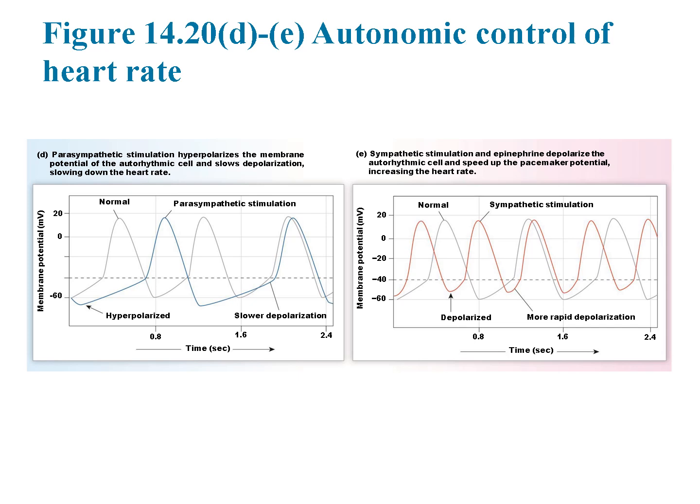In contrast, the graph on the right illustrates the effects of sympathetic stimulation. Here, epinephrine and norepinephrine act on beta-1 adrenergic receptors, increasing sodium and calcium permeability. This leads to a more rapid depolarization of the pacemaker potential, allowing the membrane to reach threshold faster.